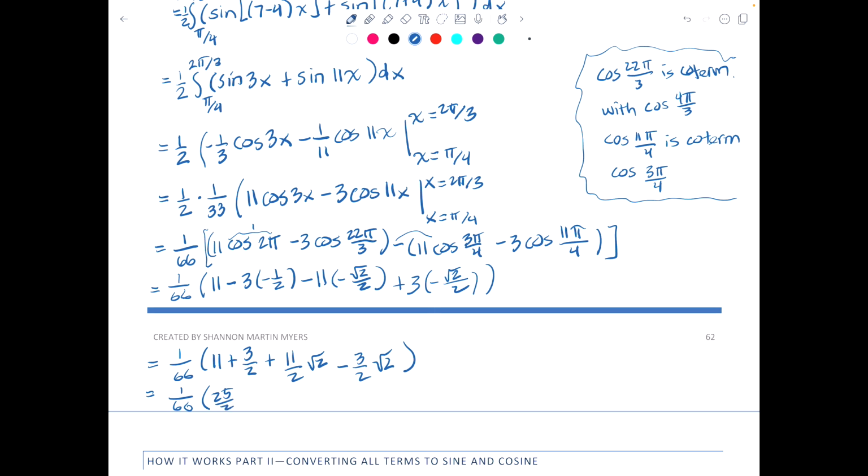And then when we combine the root 2's, they're already common, so we'd end up with 8 halves, which is 4. So plus 4.